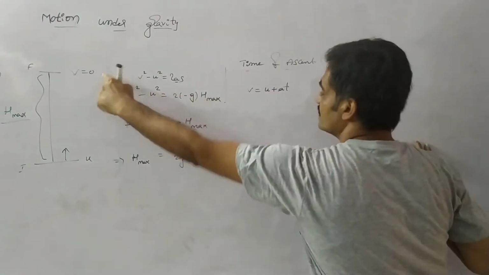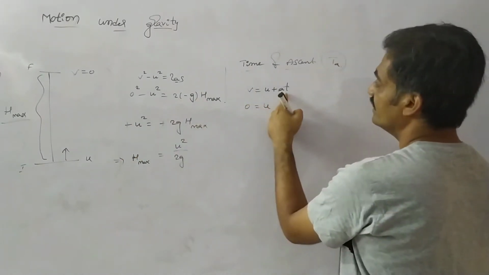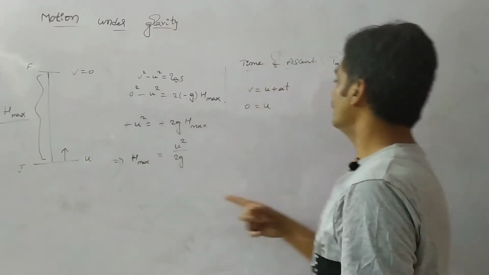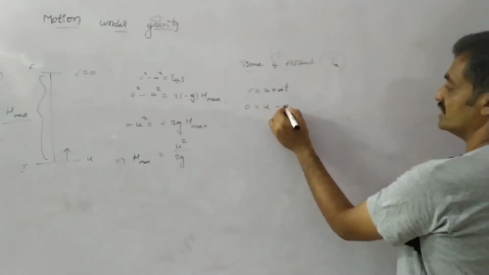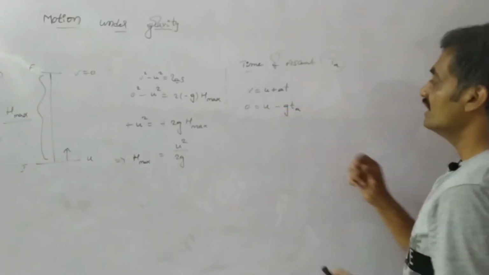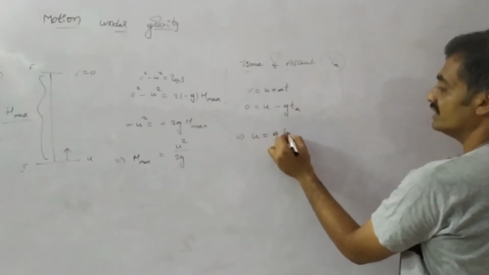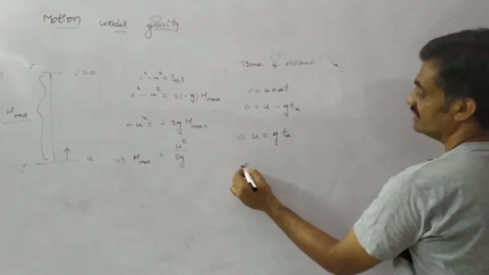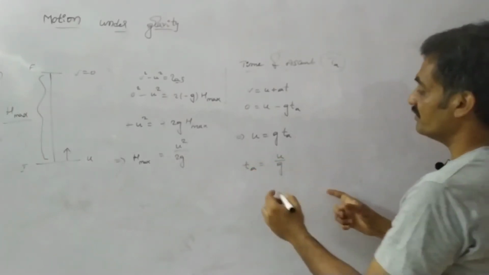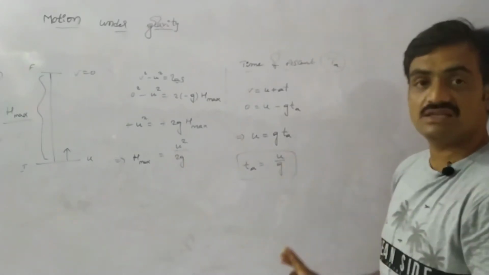Here the final velocity is 0, the initial velocity is u, and since the body is traveling in the upward direction, a equals minus g, and t is nothing but t suffix a. So we can write it as u equals g into t suffix a. Then t suffix a equals u by g. Time of ascent equals u by g, the initial velocity by the acceleration due to gravity.